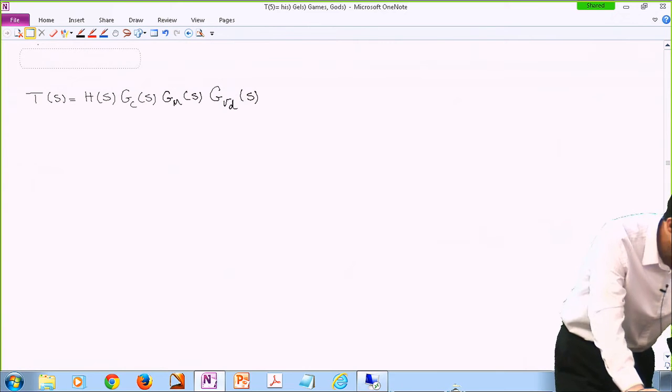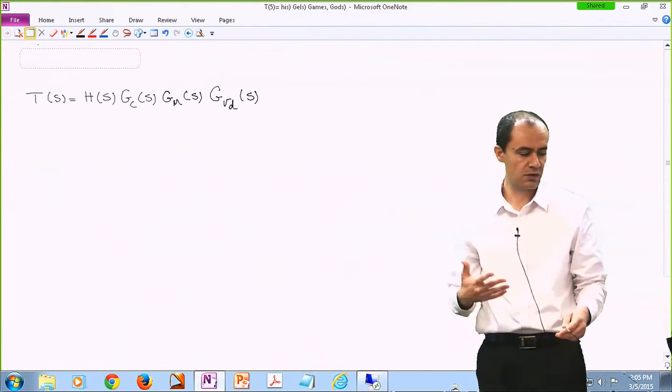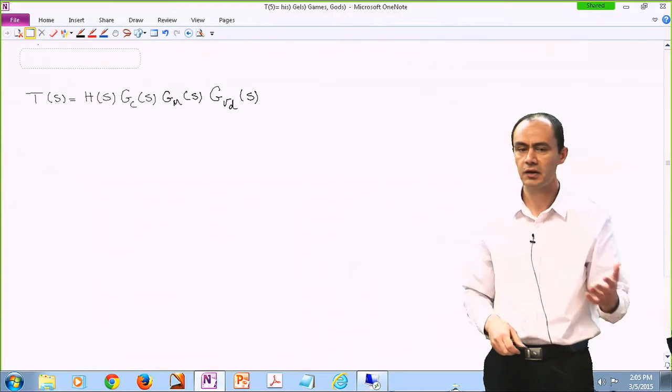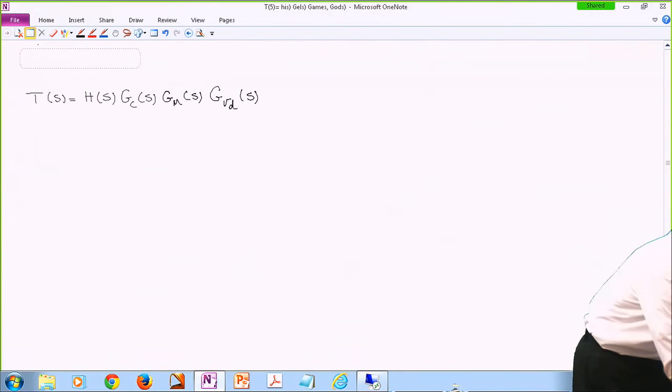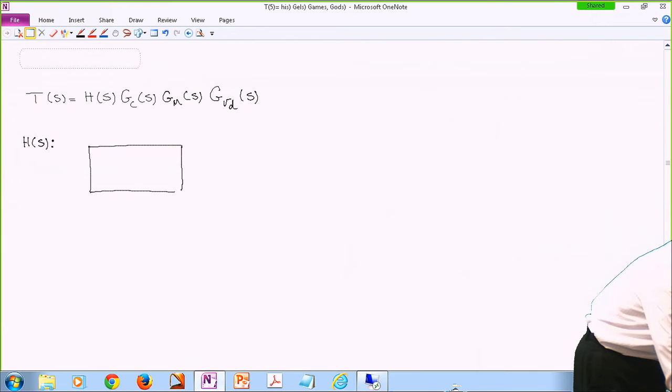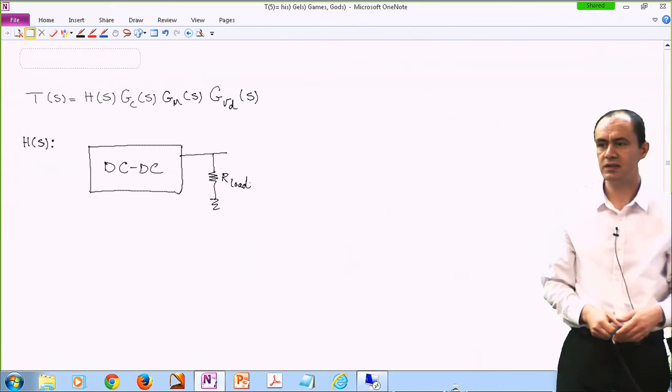All right. So let's look at all these little components. We are already familiar with GVD, where we were analyzing our converters. So for instance, let's take a look at a sensing network, H of S. So presume we have a DC to DC converter.